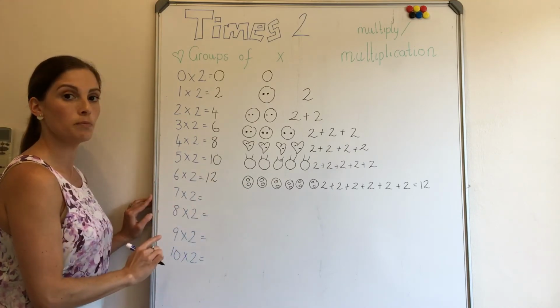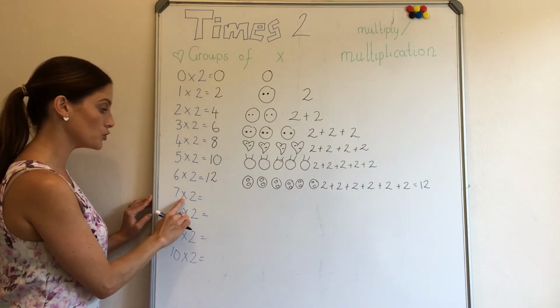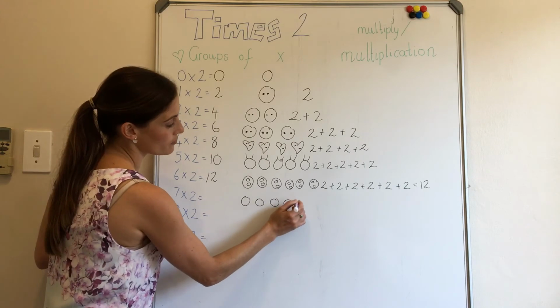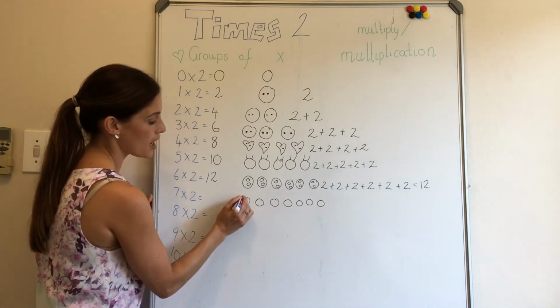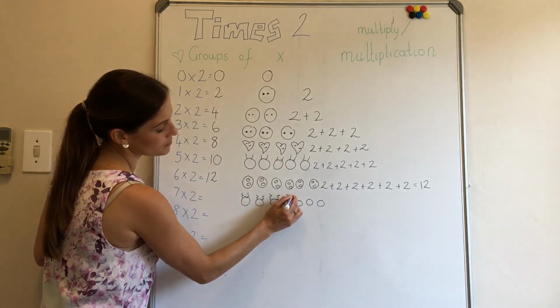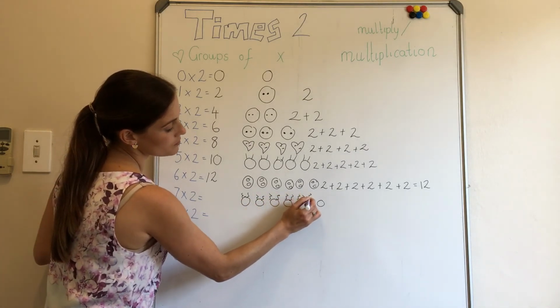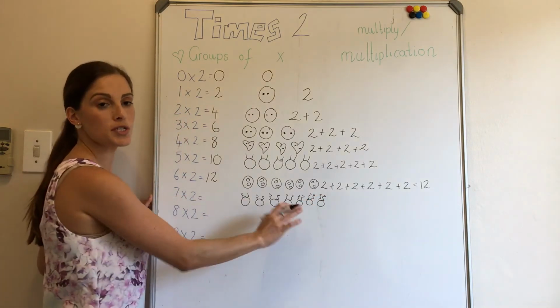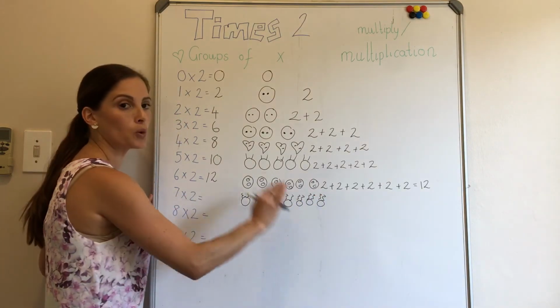7 times 2, remember that means 7 groups of 2. 1, 2, 3, 4, 5, 6, 7. And we're going to do groups of 2. So it could be 7 boys each have 2 skateboards. How many skateboards altogether?